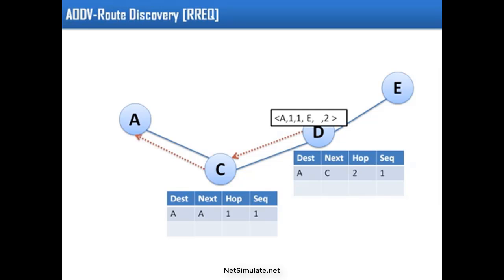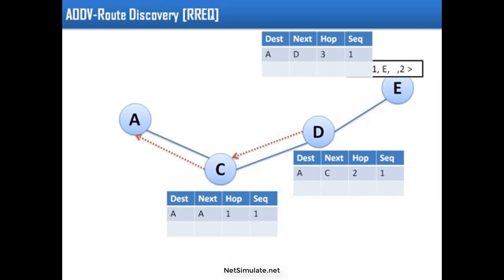This will be the current situation. Now D will send this packet to E. Now E will check that this route request packet is actually for it. So E will prepare a route reply packet, and before that E will also create an entry in the routing table.